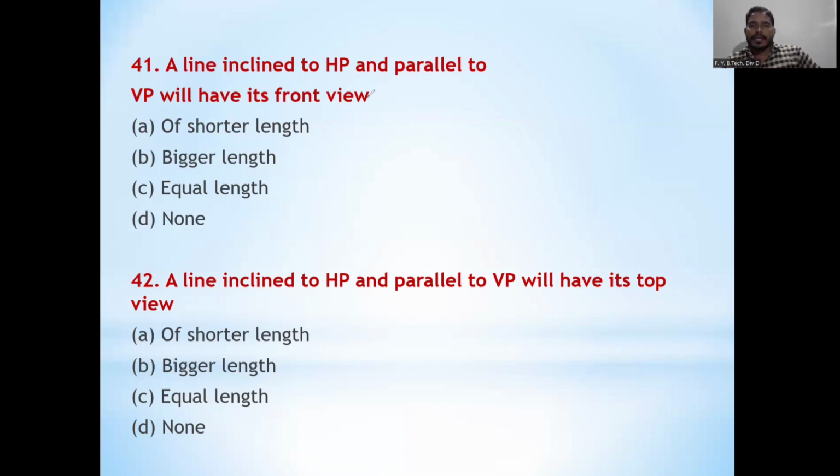A line inclined to HP and parallel to VP will have its front view. Because in this case, this line is inclined to HP and parallel to VP.